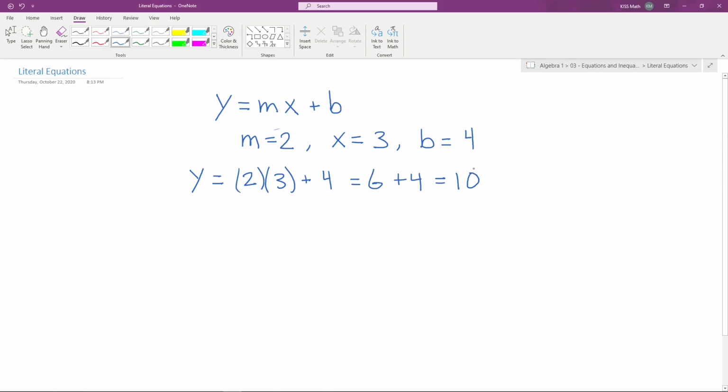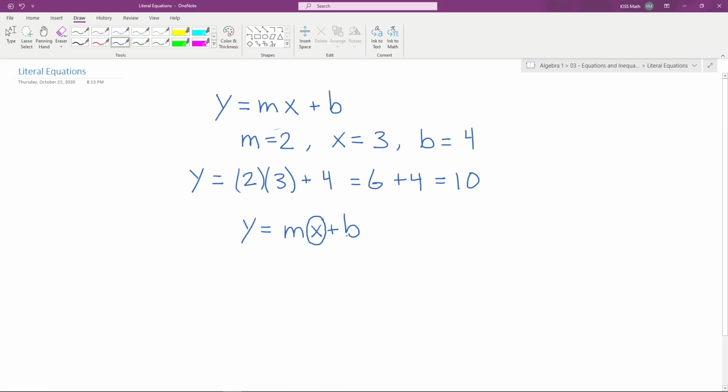What you do need to pay attention to is which one of these variables we are trying to solve for. So, for example, we had y equals mx plus b, and so this equation is already solved for y. But what if I was more interested in this x? Well, I can solve the same equation for x by isolating it.